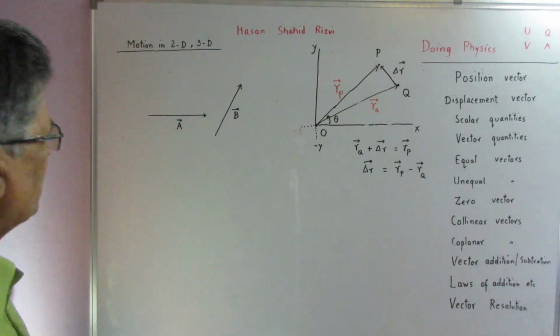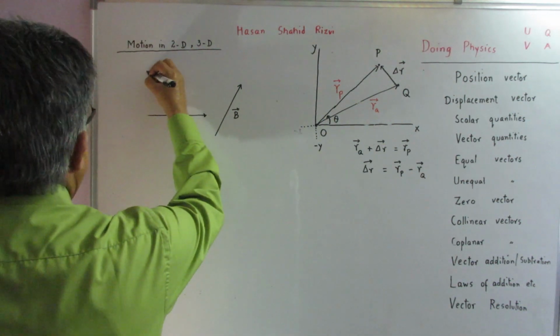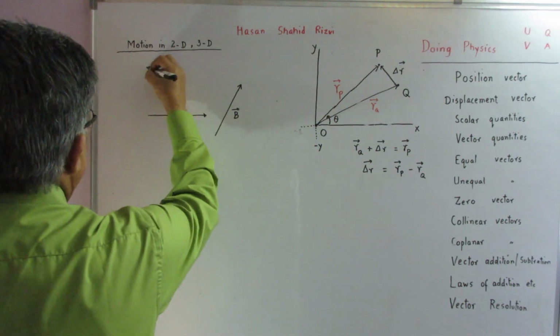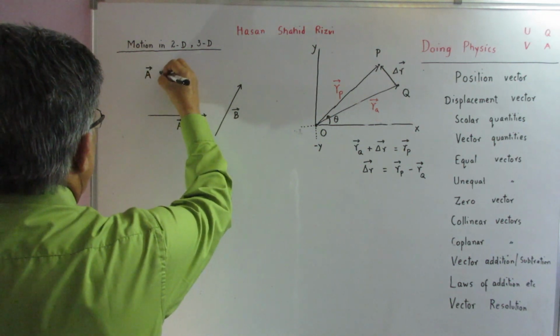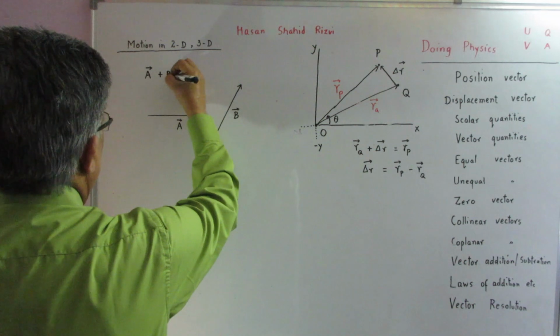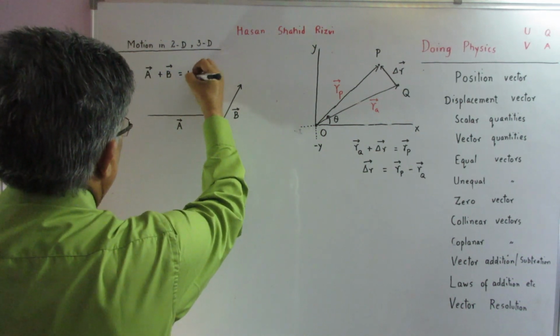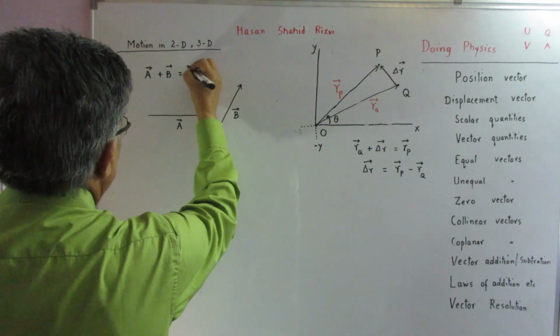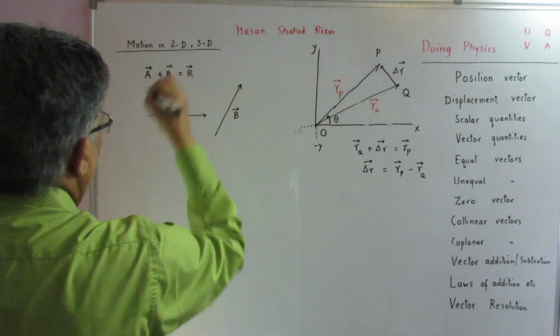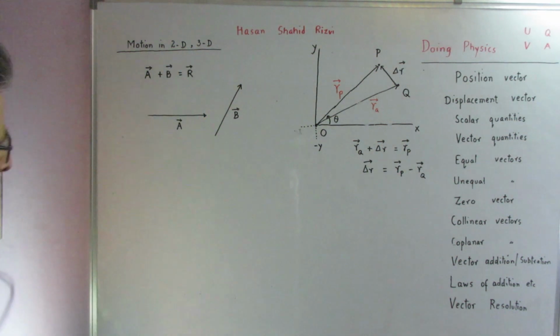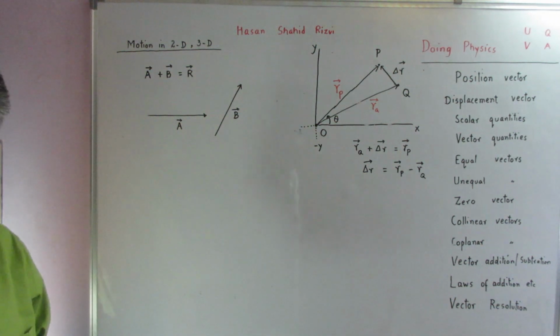How do we add them? That is, we want to know what is the resultant vector A plus B, the resultant vector which results when the addition is carried out. So what are the ways of obtaining that?